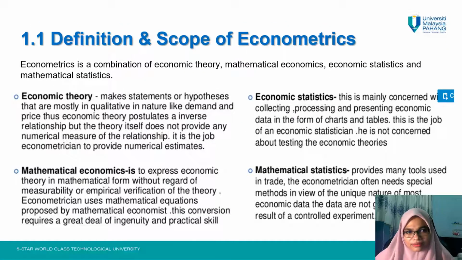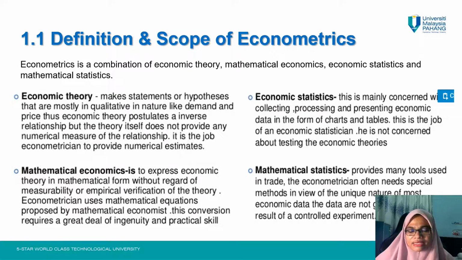In general, econometrics is a combination of economic theory, mathematical economics, economic statistics, and mathematical statistics. In economic theory, we use statistical theory and mathematical statistics to develop econometrics method. In mathematical economics, we express economic theory in mathematical form.